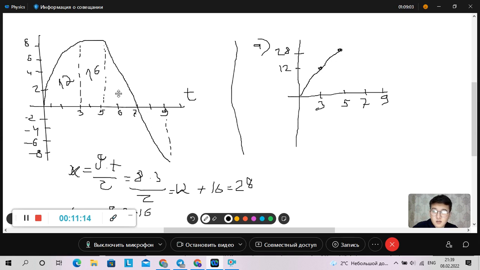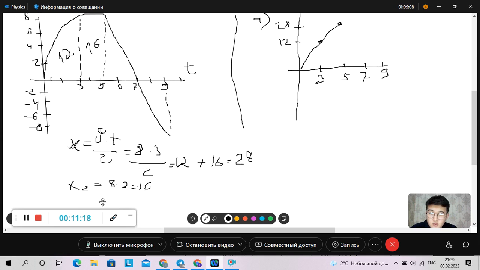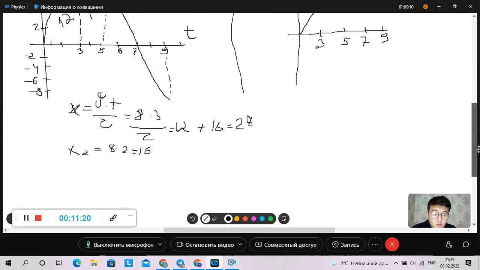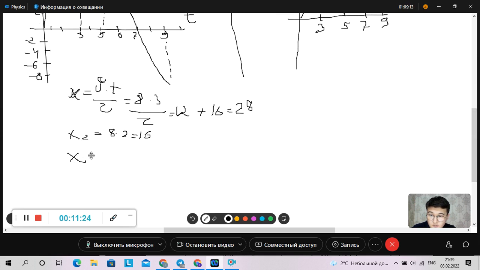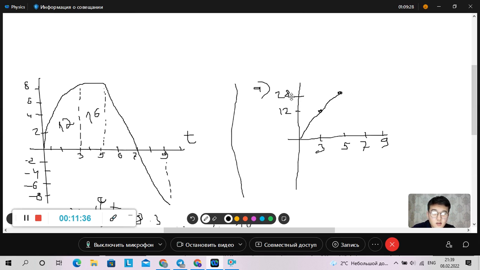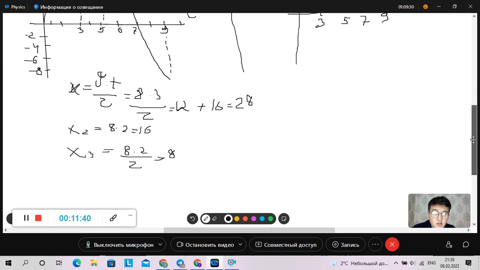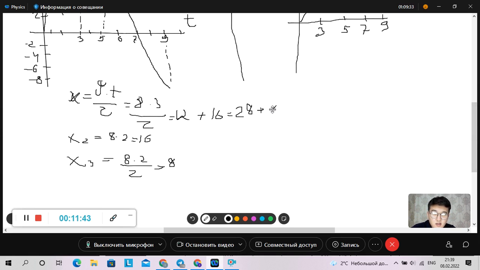And the third part, we can write like this: 8 divided by 2, multiplied by 2, and then over 2 is also 8, and we will add 8 to 28, which is equal to 36.